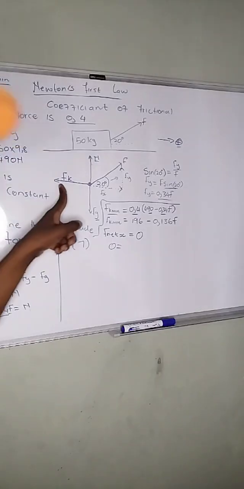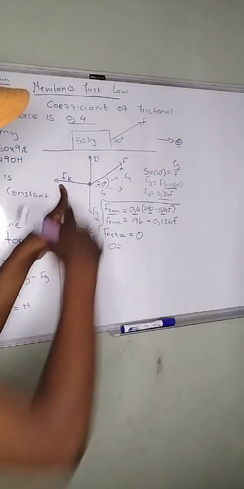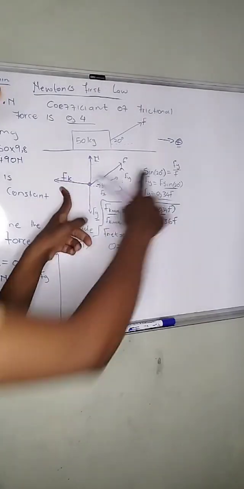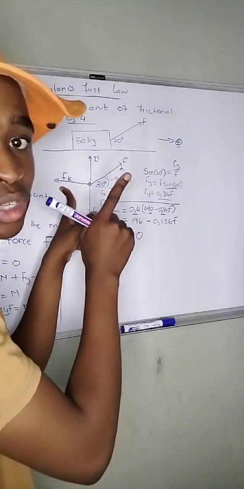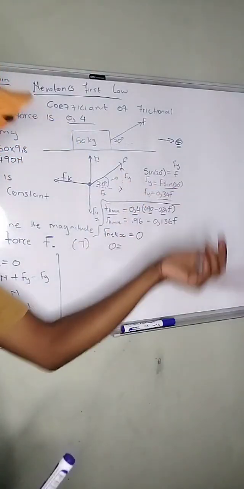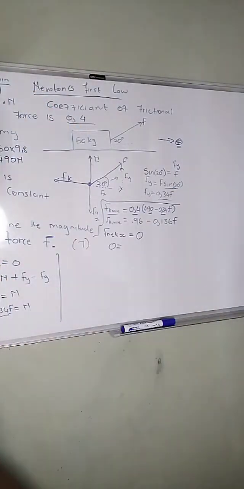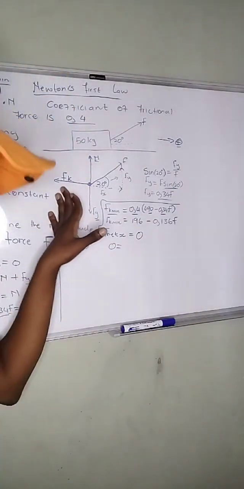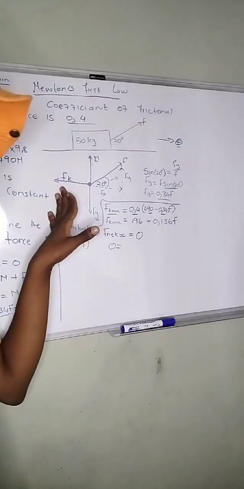So how will be my Fk? Since Fk is pointing to the left and my direction of choice is pointing to the right, and I command right to be positive, is my friction going to be positive or negative? That's what I'm asking.